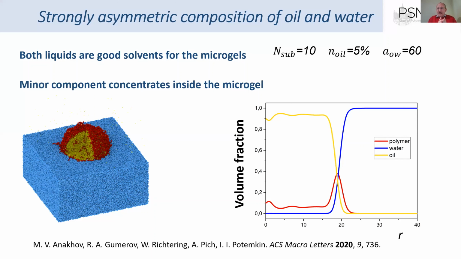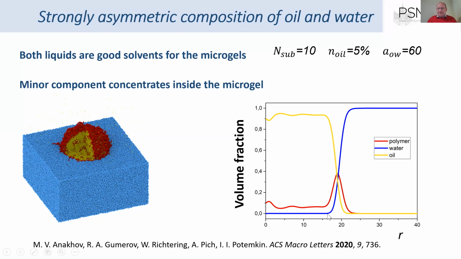The question is how the oil will be distributed in such a system. Surprisingly, it turns out that the oil molecules, which have a very small fraction, can be concentrated within the microgel.